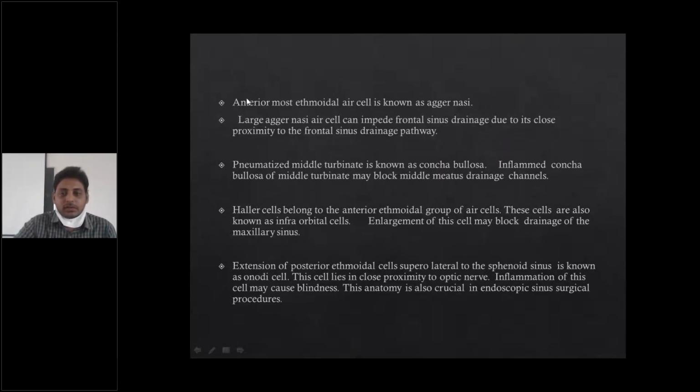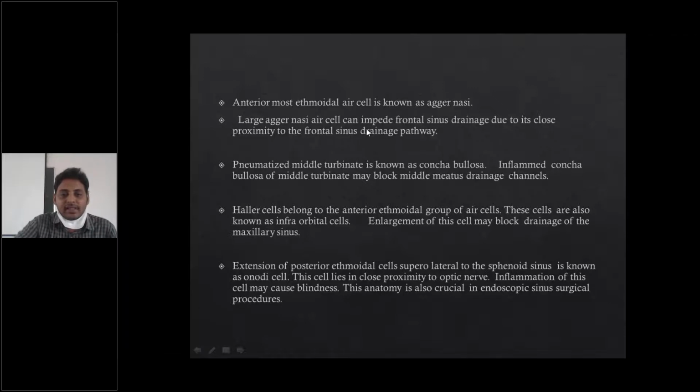So again, a recap of what I said. The anterior-most ethmoidal air cell is known as the Agger nasi cell because the pneumatization extends into the lacrimal bone, which is anterior. This large Agger nasi cell can impede frontal drainage because of its close proximity to the frontal drainage pathway.